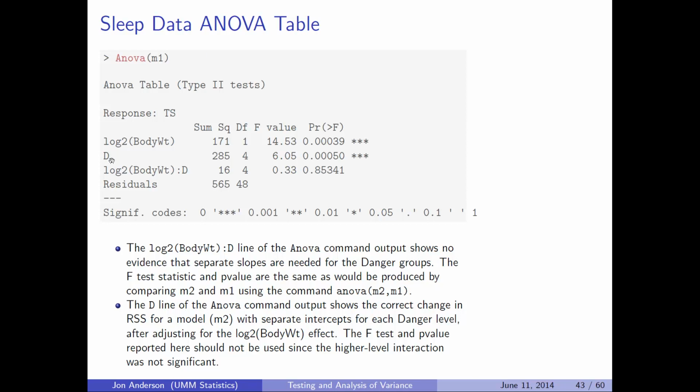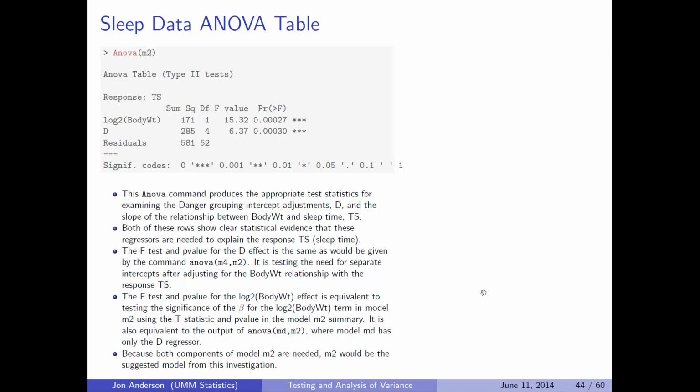Remember the marginality principle. It would be testing the effect of these intercepts from a model that would not have these separate slope adjustments. In other words, it would be from a model 2 type of test. So the F-test and the p-value here that are reported for the D effect would not be appropriate.